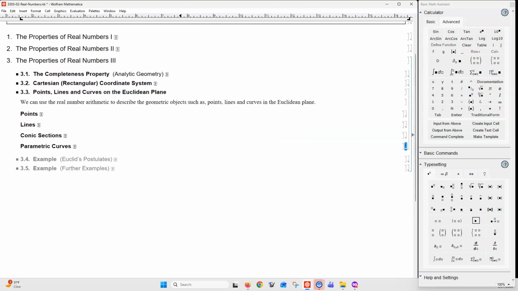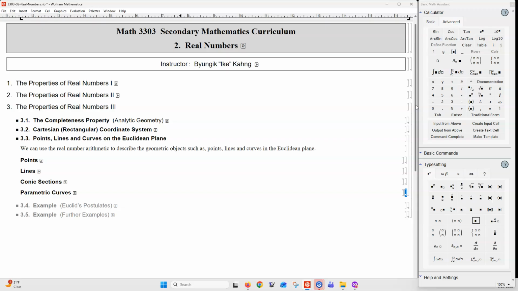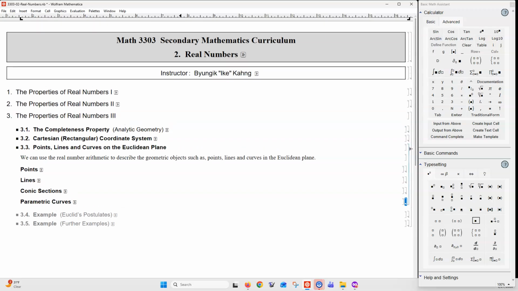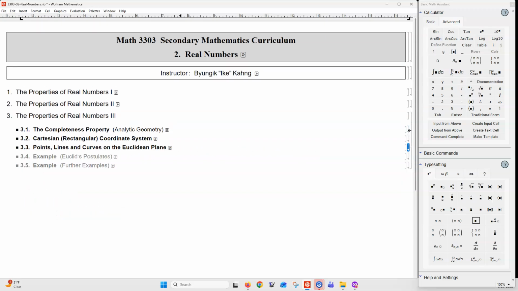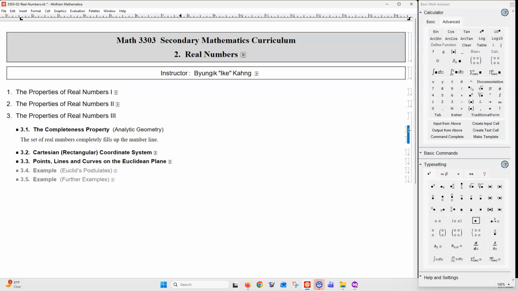So we can define all kinds of curves and visualize all kinds of curves through some algebraic expressions or parametric functions, and that's all coming from this property actually.